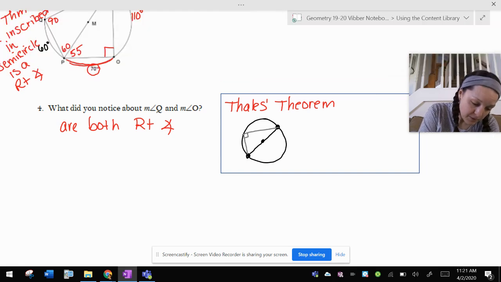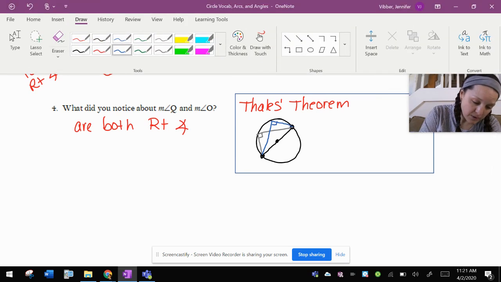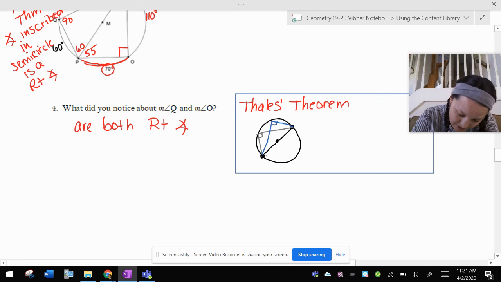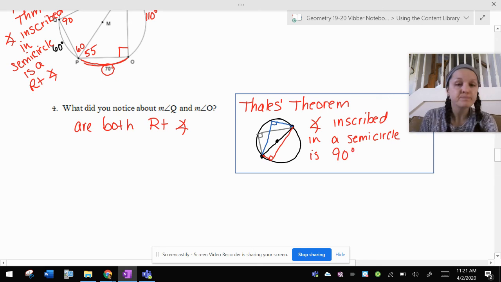If I did it with a different color in a different spot, still 90. If I did it on the other side of the circle, you guessed it, still 90. Even if I make it an itty bitty line first, still 90 degrees. So angle inscribed in a semicircle is a 90-degree angle.